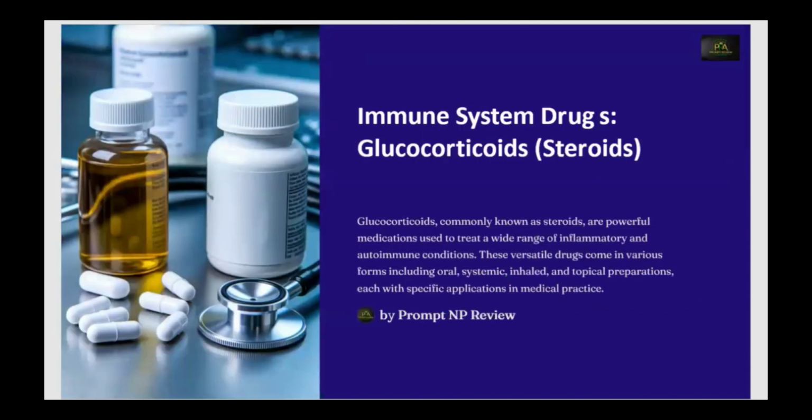So, we have to know about this medication, steroid, because when you talk about Addison disease, we say that people that have Addison disease have low steroid. So, in order to treat them, you are going to give them steroid.